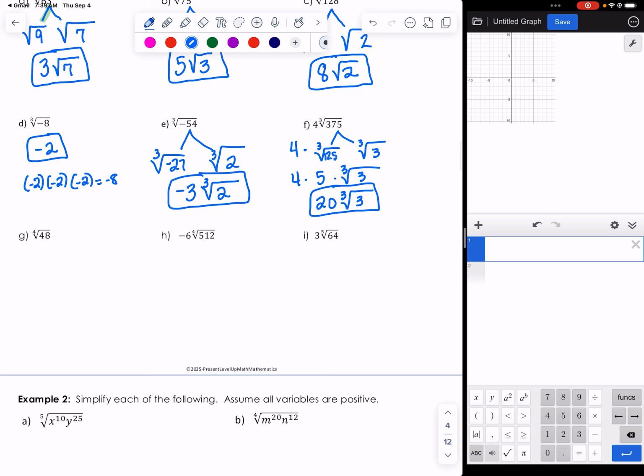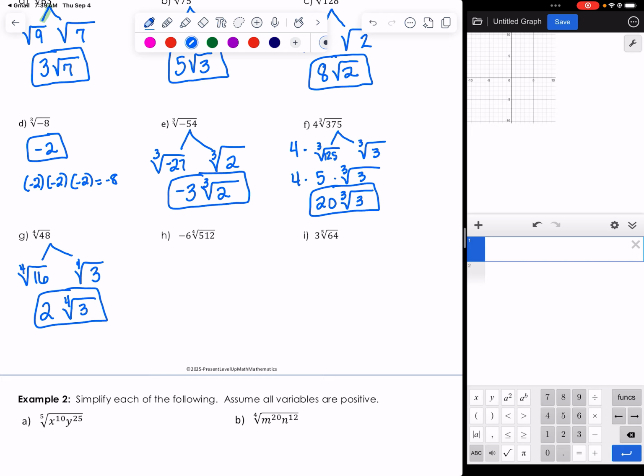So I'm going to break this down to 2 fourth roots, and I want the first one to be a perfect fourth root, so I'll use the fourth root of 16. Now 16 times 3 gives me 48. Now we'll simplify this. The fourth root of 16 is 2 times the fourth root of 3.